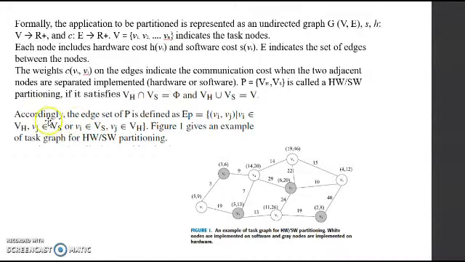Accordingly, the set of cut edges is defined as E_P is equal to (Vi, Vj), where Vi belongs to the hardware vertices and Vj belongs to the software vertices. This figure gives an example of a task graph for hardware software partitioning.